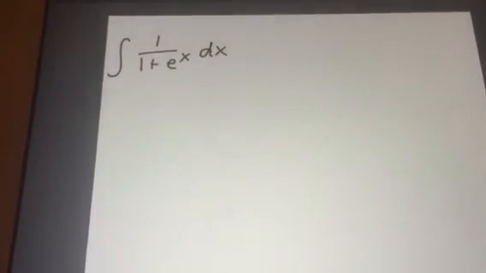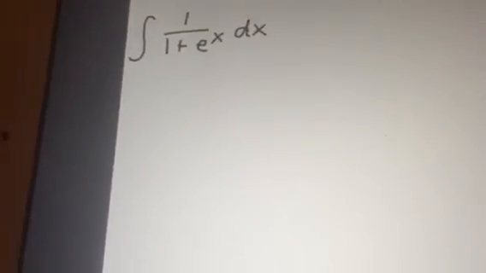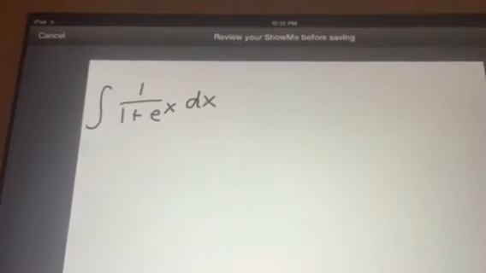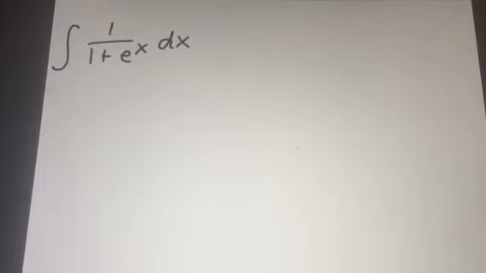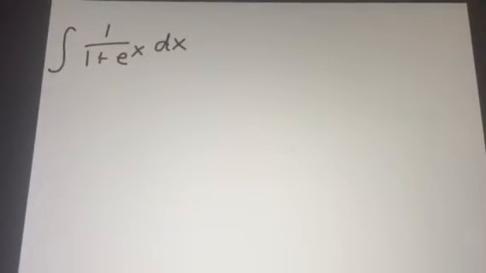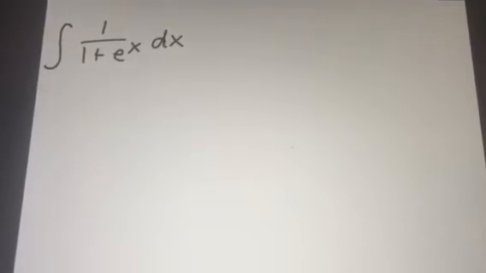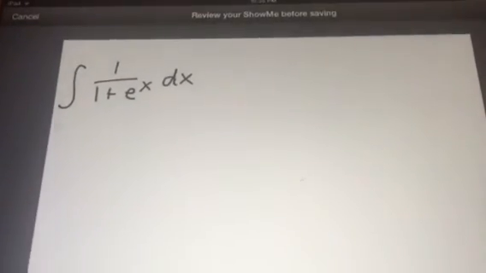For this next example, we can't use u substitution, we can't use long division, and any of the integration rules that we've learned before aren't really going to help us solve this integral. But what we can do is add or subtract terms to the numerator so that we can separate it into 2 fractions, which will make it easier for us to integrate.